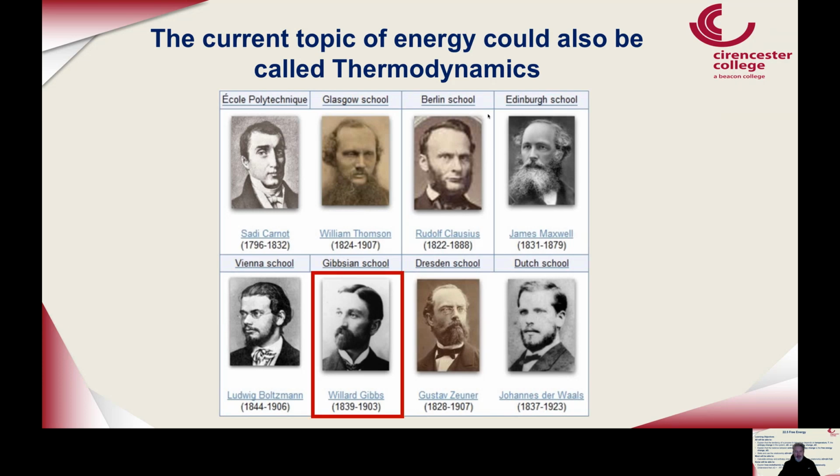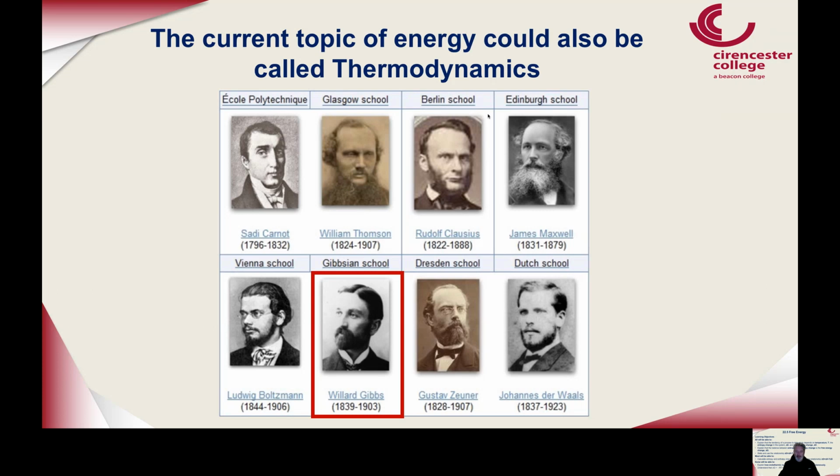The person we're looking at today is Willard Gibbs, and the Gibbs free energy is named after him. As I said before, they were great people, but they didn't have a good way of describing what entropy was.